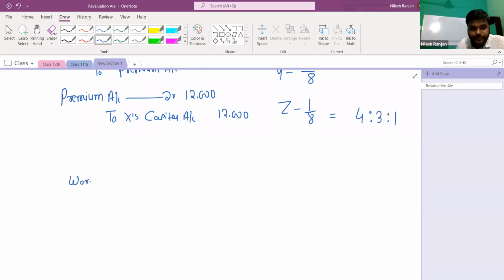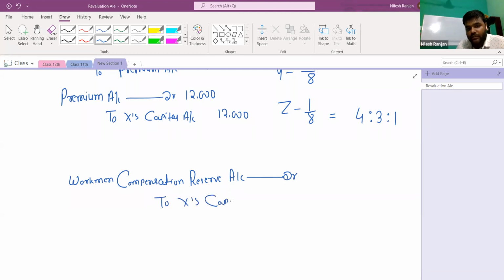So workman compensation reserve account. Sometimes it is also called workman compensation fund. So workman compensation reserve account debit to X capital and to Y capital.